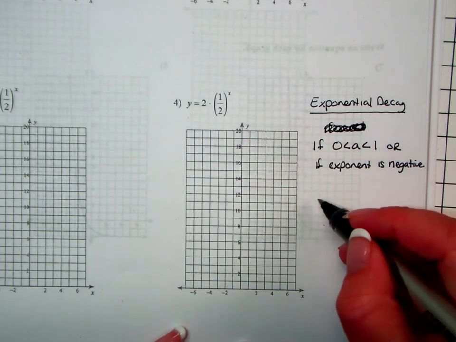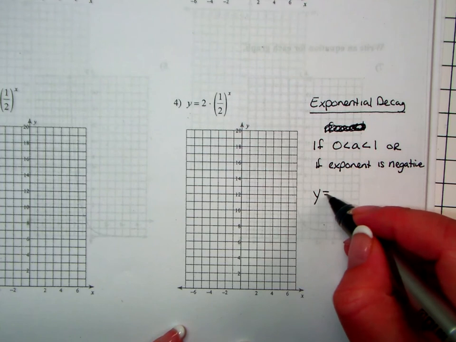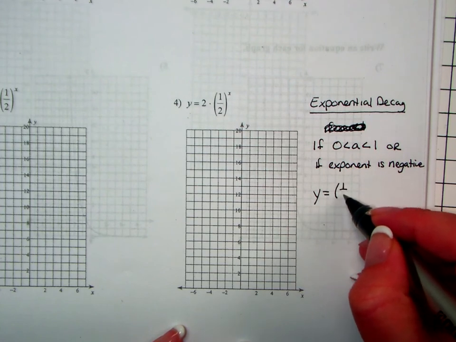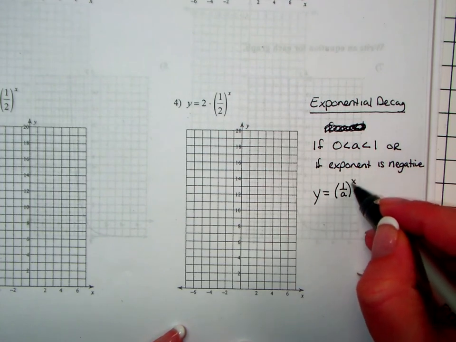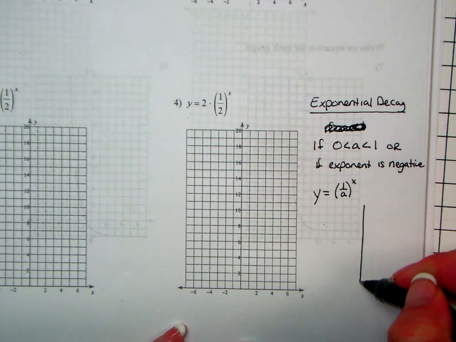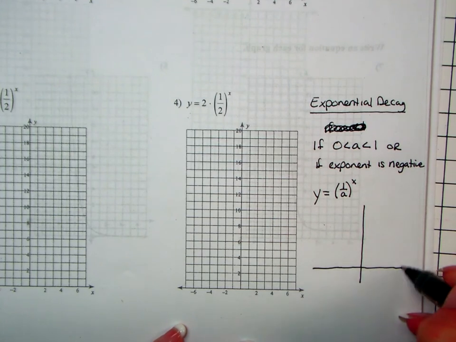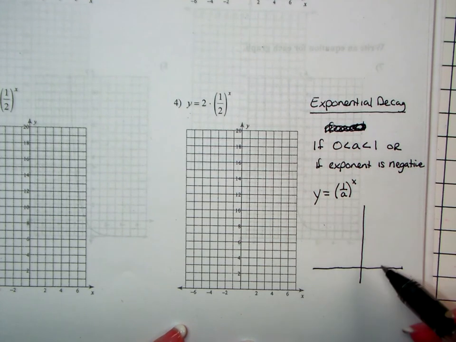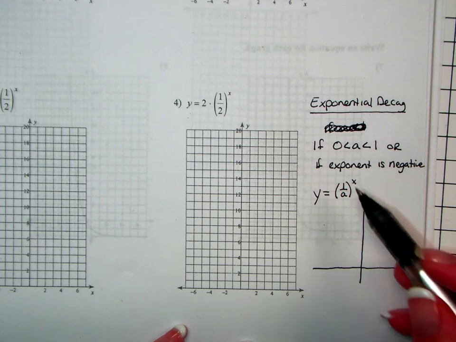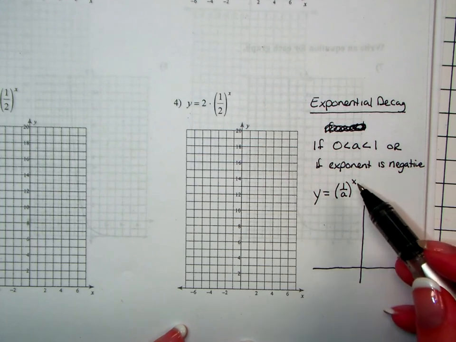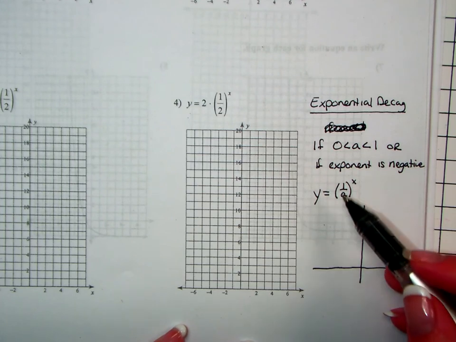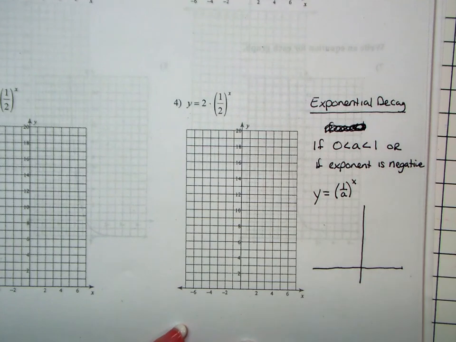So if I were to do y equals 1 over a here to the x, we're going to get an exponential decay. So exponential decays also go through the point 0, 1. Because if I were to plug 0 in for x, I would get this fraction raised to the 0 power, which is 1.